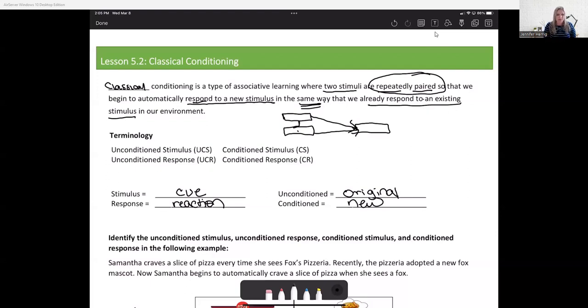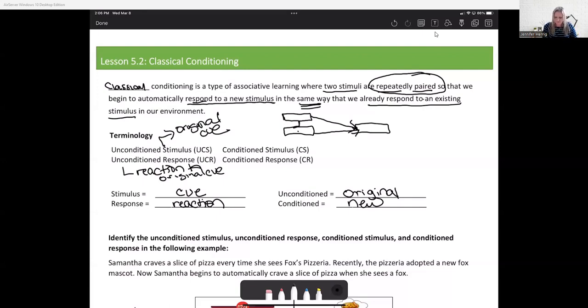Now let's put it together and we can understand this terminology much more simply. So if we see unconditioned stimulus, we now know that that is our original cue. If we see unconditioned response, we know this is now the reaction to the original cue. All right, so unconditioned stimulus, original cue.